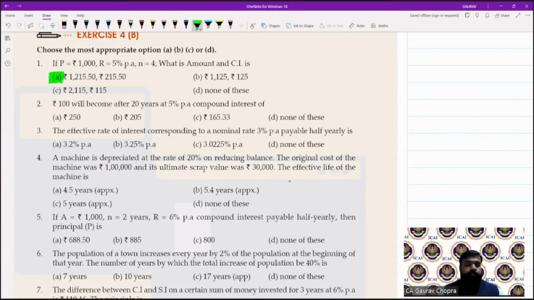Now, second one. Rupees 100 will become after 20 years at 5% compound interest. That means you have to find out amount. Principal is given here and amount you have to calculate. So amount will be 1.05 multiplied to the power of 20. So how much you are getting?